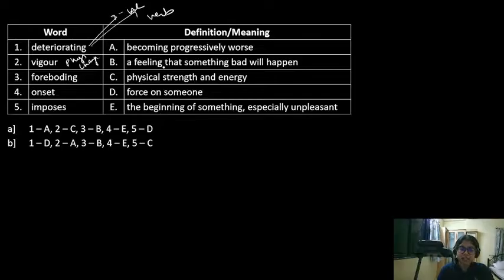So we need to find a negative verb. D is also a negative verb, to force on someone. Beginning of something especially unpleasant could also be a verb. A feeling that something bad will happen is also a negative verb. And A, becoming progressively worse, is also a negative verb.